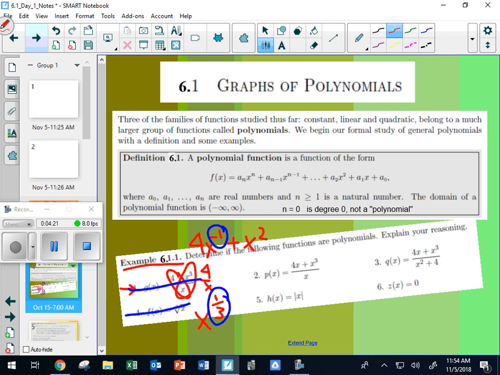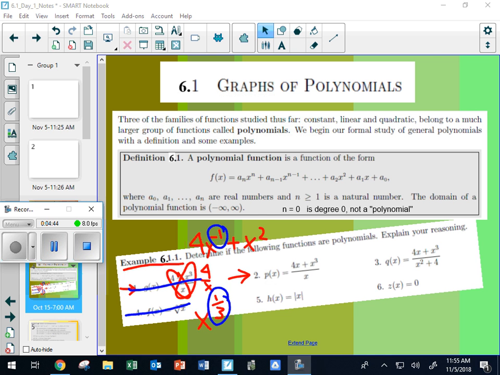Now look at this second one here, number 2. See if you can determine by yourself, is this a polynomial or not? All right, I'll give you a few moments to do so. What do we think? Show of hands, who thinks it's a polynomial? Who thinks it's not a polynomial?